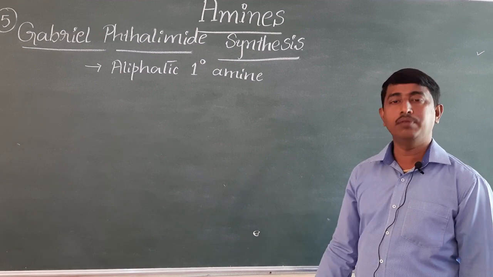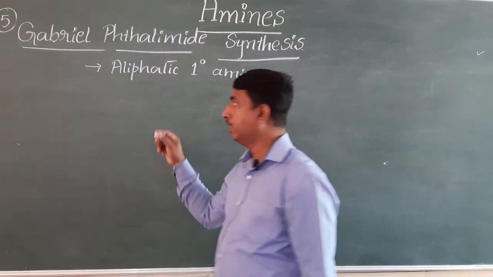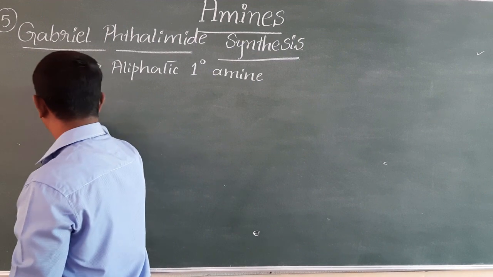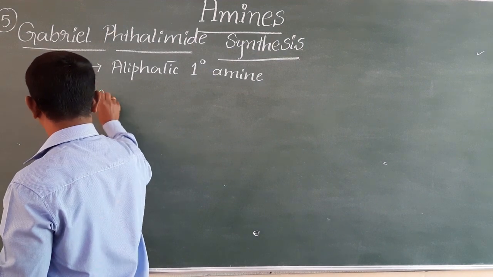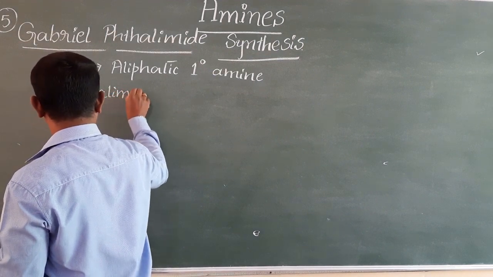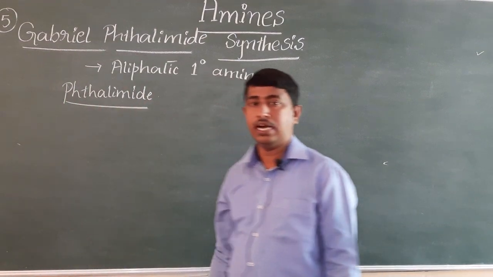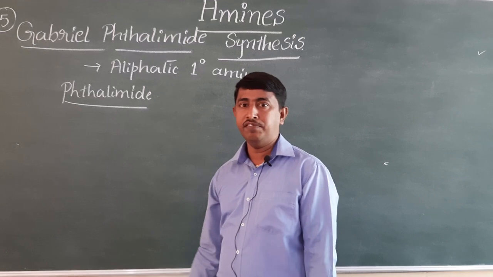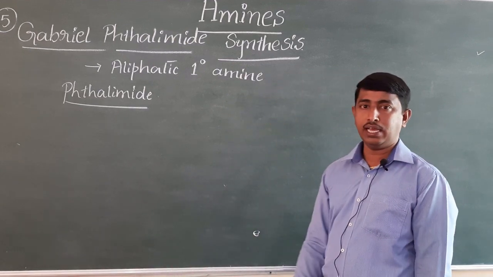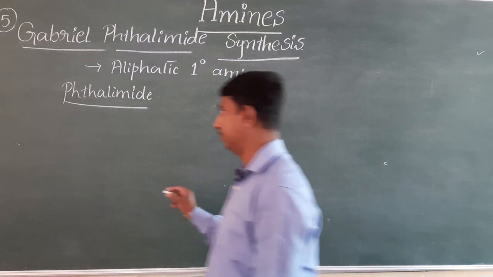Now what is this phthalimide? Phthalimide is an organic compound obtained from a dicarboxylic acid, that is phthalic acid.